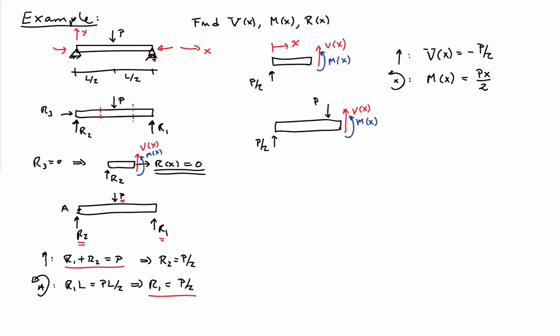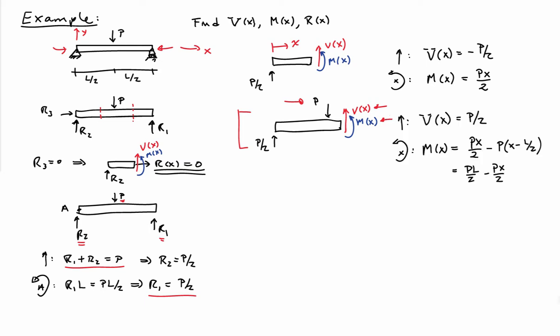If I make the section cut to the right of the applied load, my free body diagram looks a little bit different, because I have to include this vertical force P acting in the downward direction. Again, I've drawn in my internal force V and my internal moment M, and I can write the equilibrium equations: the sum of the forces in the y direction and the sum of the moments about the z-axis.